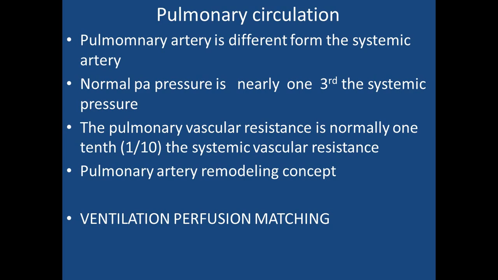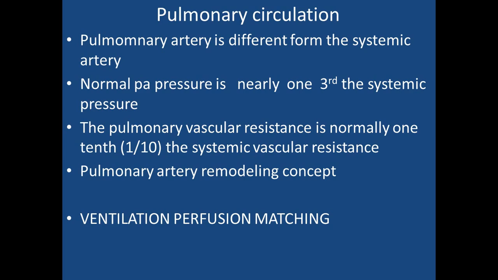This process of remodeling is an irreversible one and happens when there is chronic elevation of the pressure, or when there is obstruction of the pulmonary circulation that is not resolved for a long time.